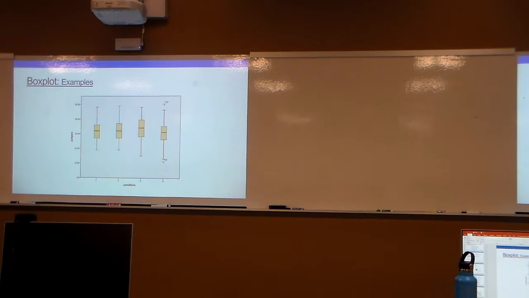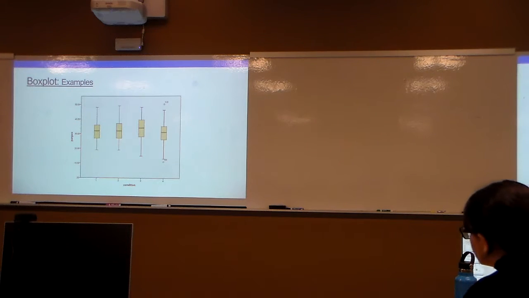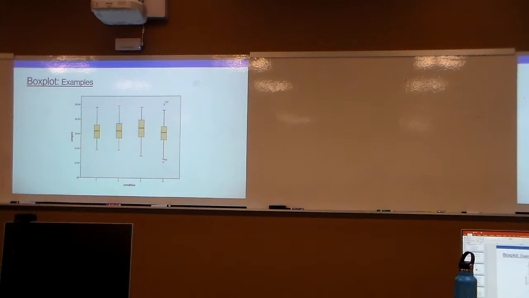With asterisks. Well, these ones aren't asterisks; these are just open points. So what do the whiskers represent for conditions 1, 2, and 3? It's the 1.5 times the interquartile range, plus or minus. You're on the right track. Okay. For these 3 conditions, what do the upper and lower bound whiskers correspond to?